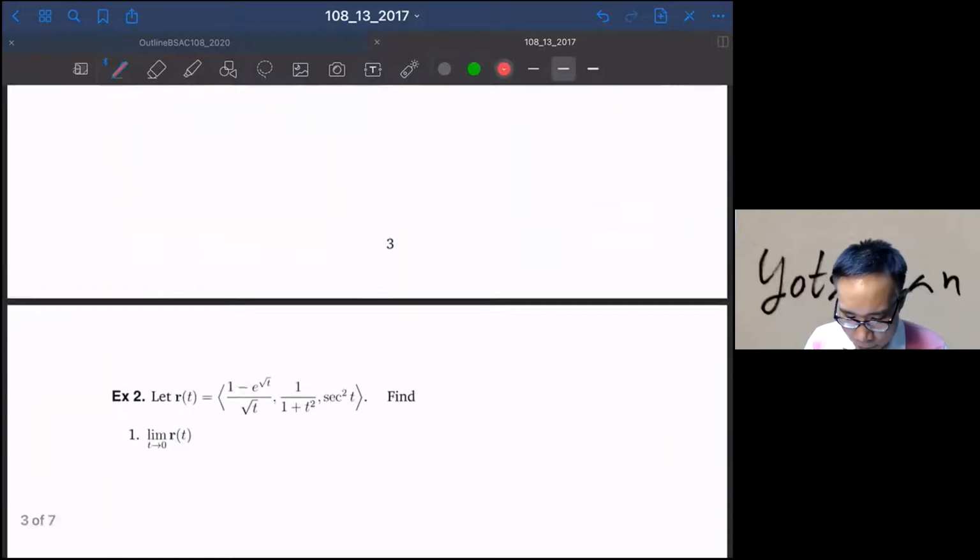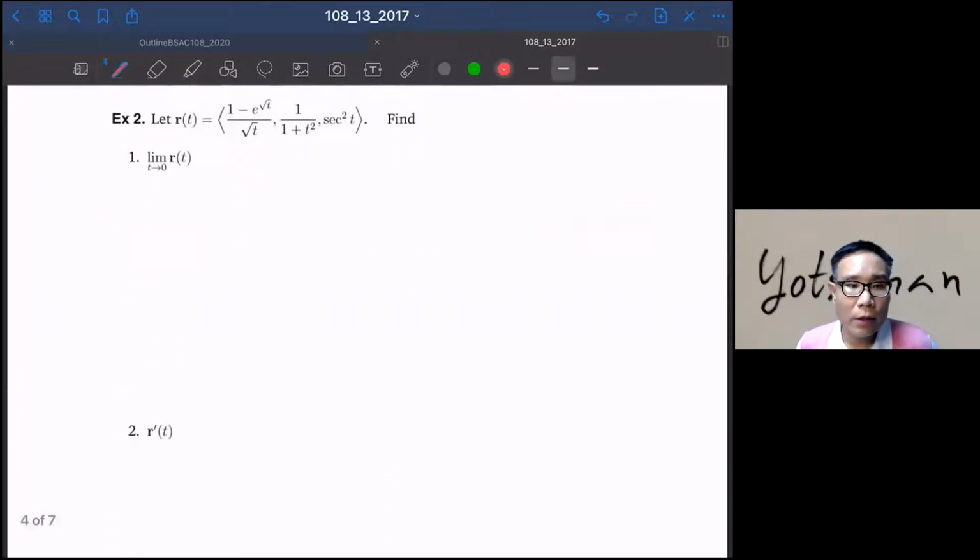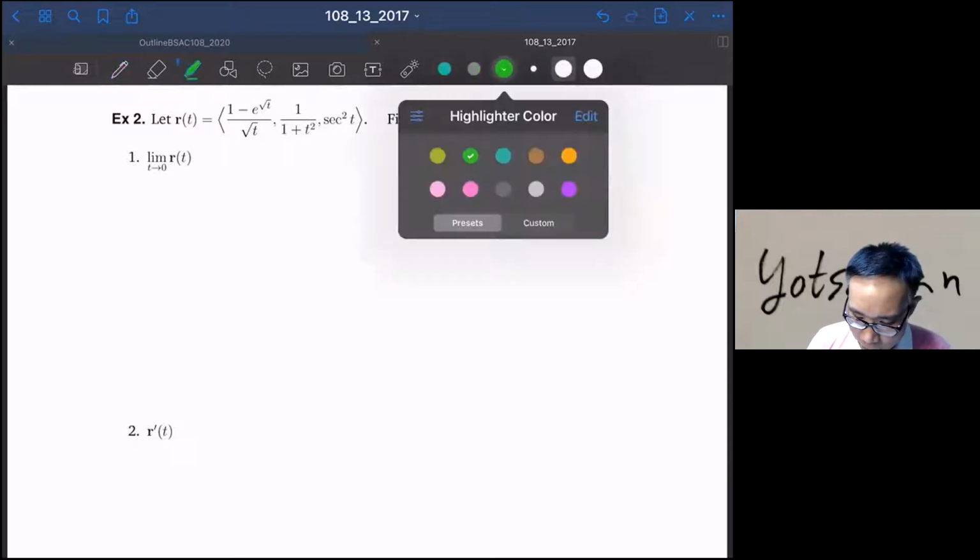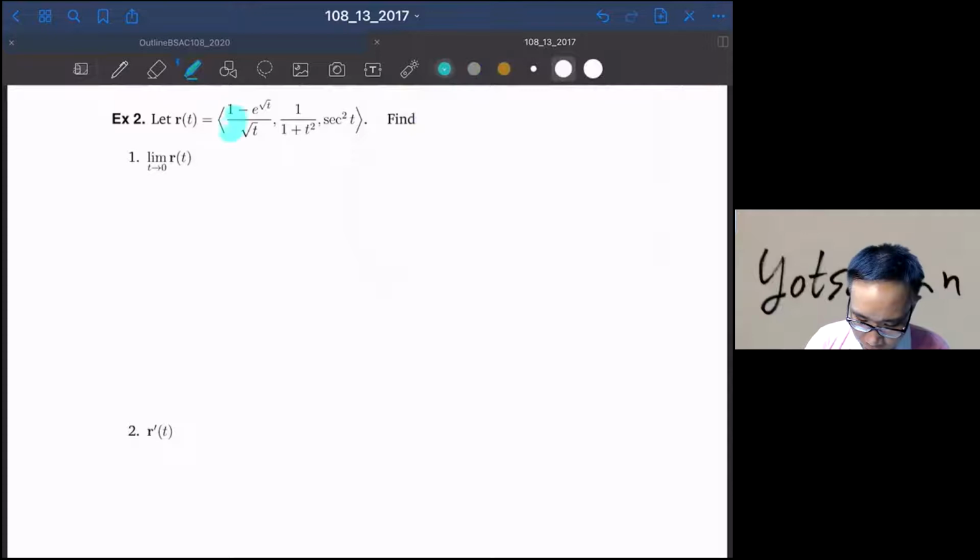Okay, so let's do this one. You have r of t equal to the function (1 minus e to the root t over root t), 1 over 1 plus t squared, and secant squared t. Seeing this, you have three functions: the first component, the second component, and the third component. The question asks you to compute the limit as t goes to 0 of this function.